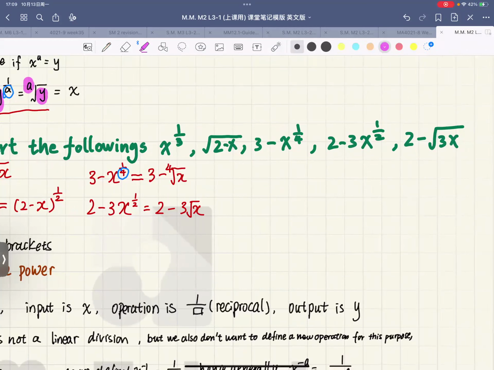Basically, that's 1 over 2. So a is equal to 2. Basically, I can write a 2 here. But generally, we can ignore that 2, right? The last one, 2 minus square root of 3x, which is equal to 2 minus 3x to the power of 1 over 2.